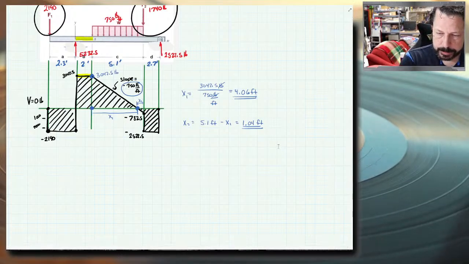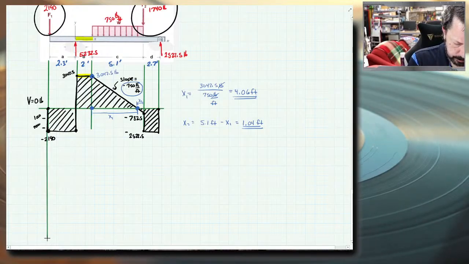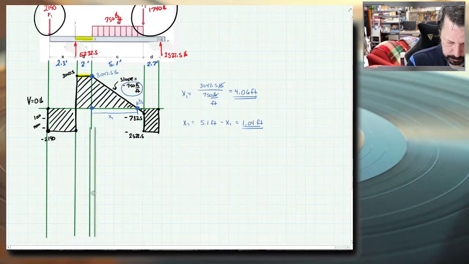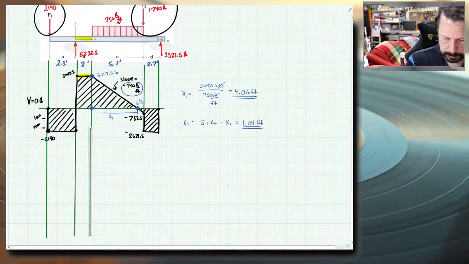All right, so first we need to extend our guidelines because we need some room to draw our bending moment diagram. Kind of missed that one. It didn't want to snap to that spot. It's fine.